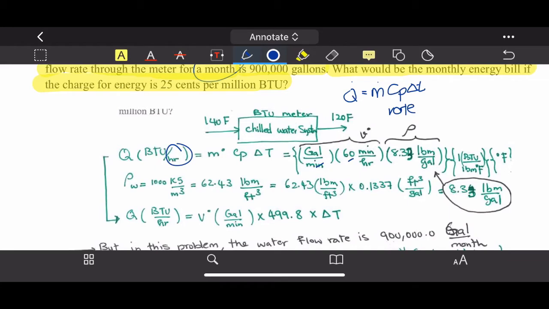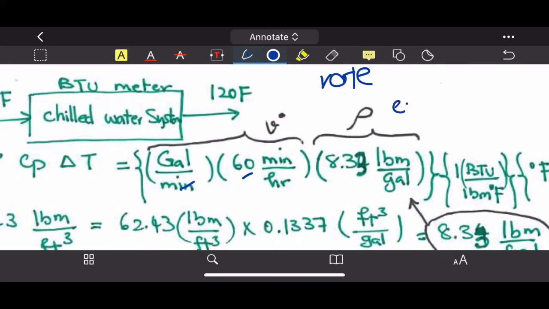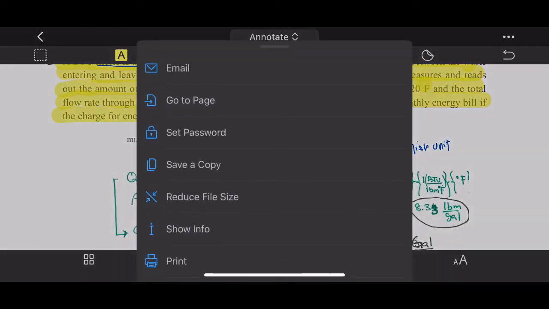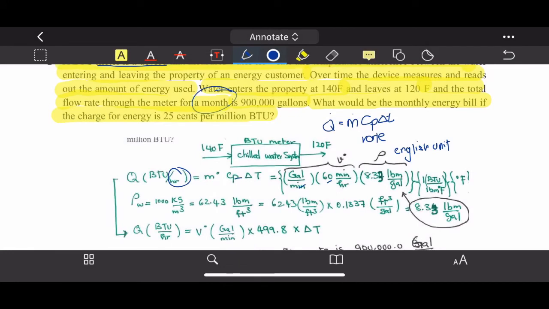And here is rho, the density of water in terms of English unit. Our Cp is 1 BTU per lbm degrees Fahrenheit, or pound mass degrees Fahrenheit, and the last one is the difference of temperature.